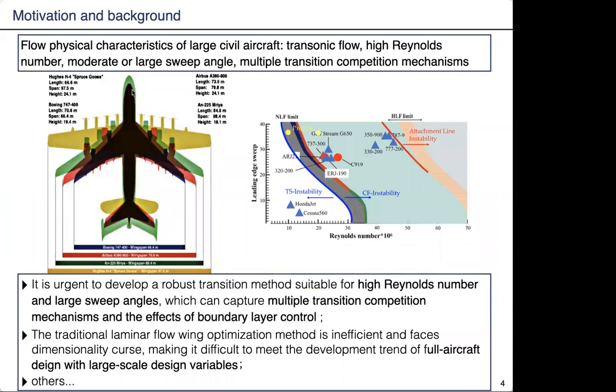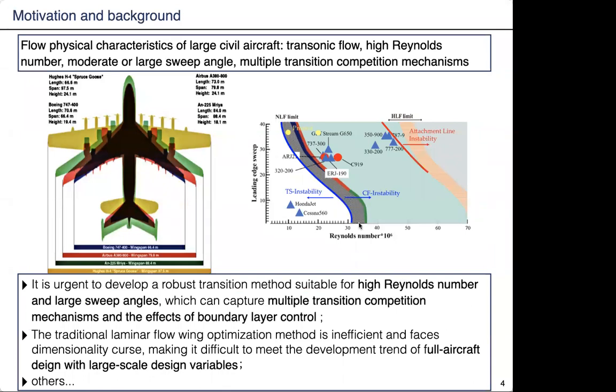So let's first focus on the physical characteristics of the large civil aircraft wing. The wing has a moderate or large sweep angle and a high Reynolds number. These two characteristics make the transition complex, including both the Tollmien-Schlichting waves and the cross flow vortices.